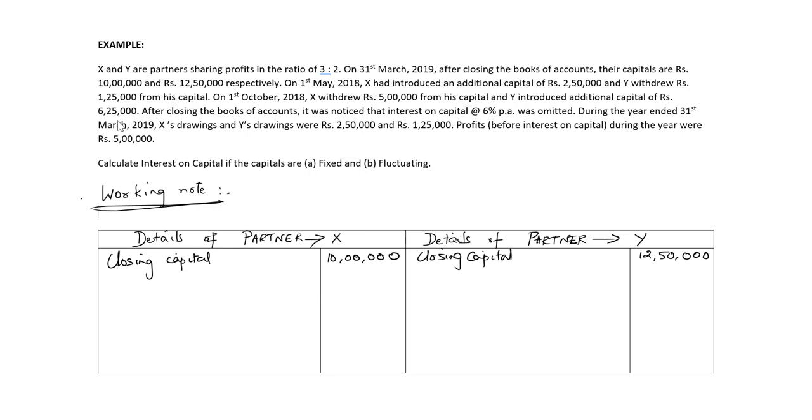On 1st May 2018, X has introduced additional capital of 2 lakh 50,000. So the next item, additional capital, the date being 01/05/2018, 2 lakh 50,000.